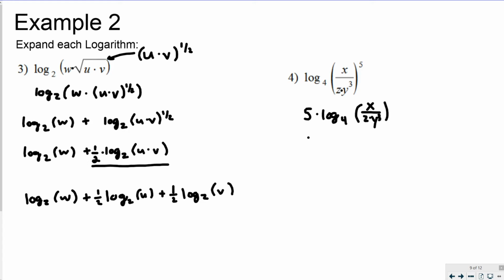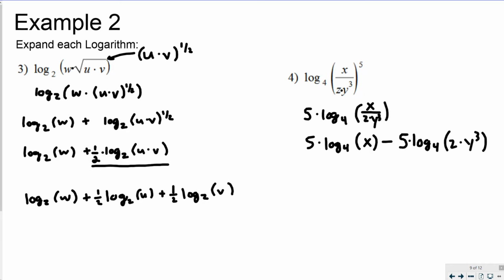So we're going to get 5 times the log base 4 of x, and because we're breaking apart a quotient that has a coefficient in front, we have to apply it to both. So 5 times the log base 4 of z times y cubed.